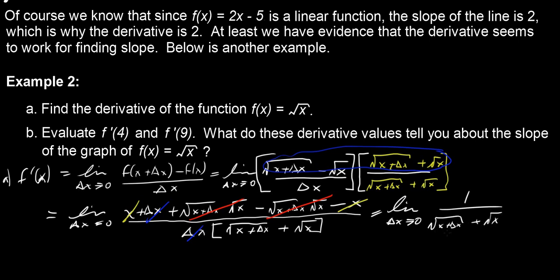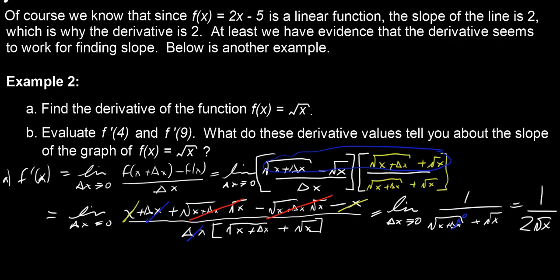And this limit now is pretty easy to evaluate. All I'd have to do is really just let delta x be 0. So that's 0, which means in the denominator I have the square root of x plus the square root of x, which is just 2 of them. So the expression for the derivative is just 1 over 2 square root of x.